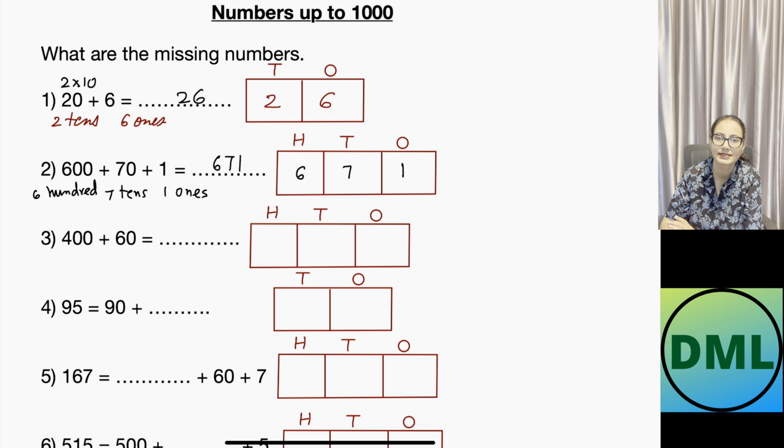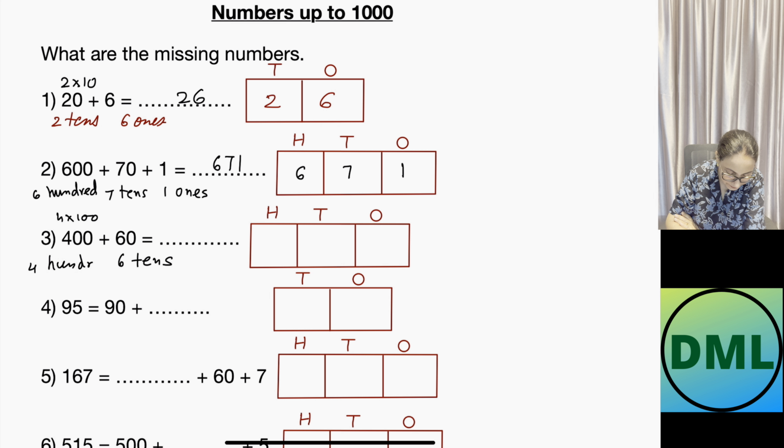400 plus 60. Let's do it here. 60 will be written as 6 tens because this is 6 times 10. 400 will be written as 4 times 100, which is 400. Let's put it on the box places. Do we have any ones place? No, right? We will put 0 at the ones place because there is no number.